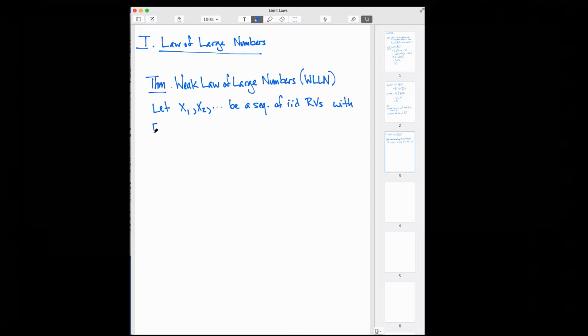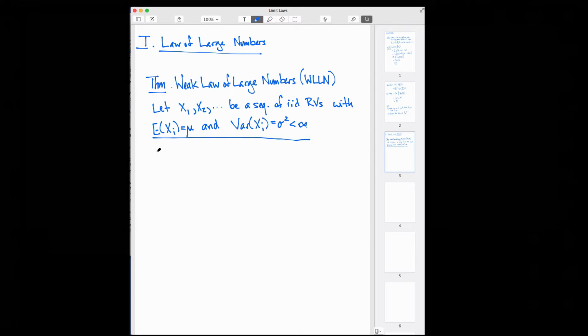with expectation given by mu, so this is going to be true throughout the entire lecture today, and variance equal to sigma squared. And we're going to need to make an additional assumption about the variance, not just that it's equal to sigma squared, but that sigma squared is finite. Okay, so now we have our assumptions here. Remember that this says that we actually have a mean and we actually have a variance for the distribution of these random variables.